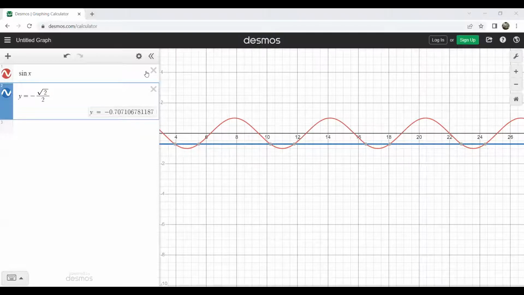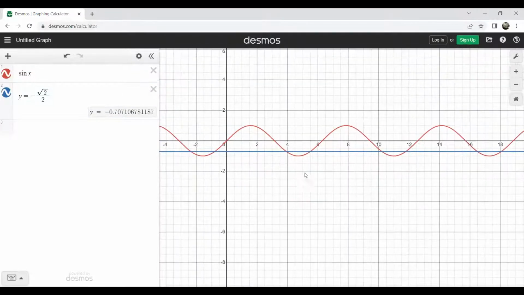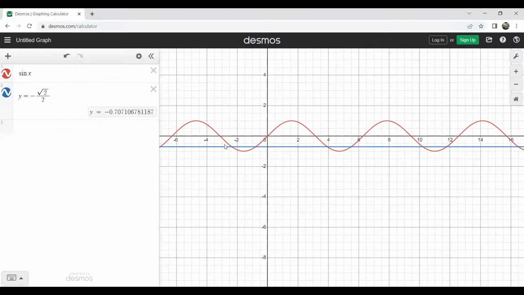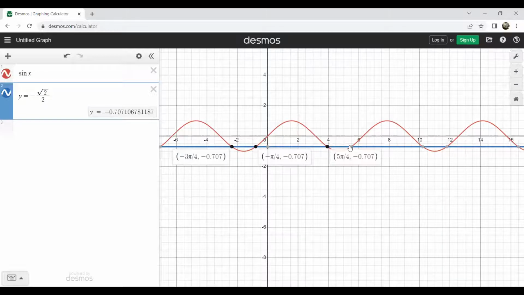I have my sine function, and then I have a horizontal line, which is y equals negative square root of 2 divided by 2. This is a negative line, so it's going to be below the x-axis. So what are we looking for? We're looking for all of these intersections between the sine function and this horizontal line.